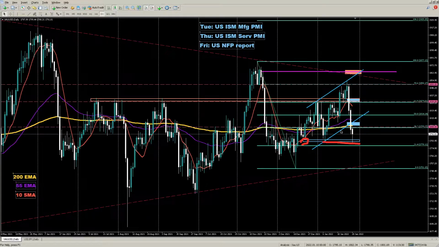But it has already broken below the critical support and the lower channel trend line as well. It did test higher on Tuesday with the touch of the upper channel trend line, and fell back below the 78.6 retracement area, and also the round figure at 1850.